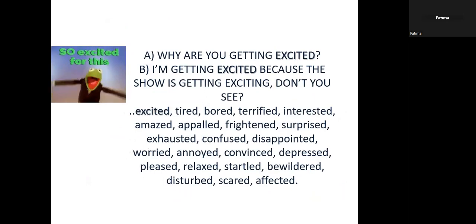For example, what does the puppet say? He says, so excited for this. So excited means I am so excited. I am very excited. I am quite excited. I am extremely excited. I am so excited for this. I am highly excited. Why are you getting excited?